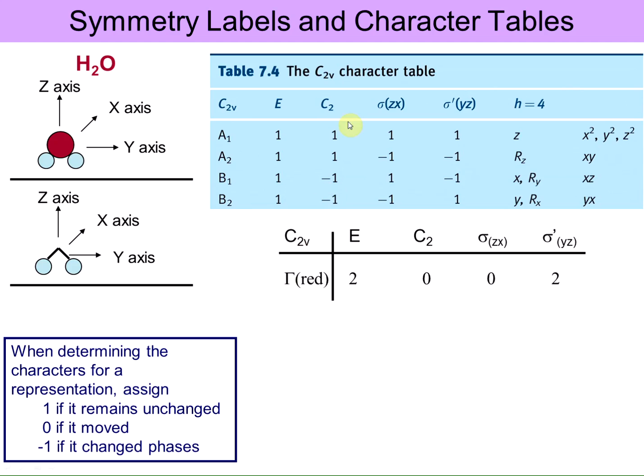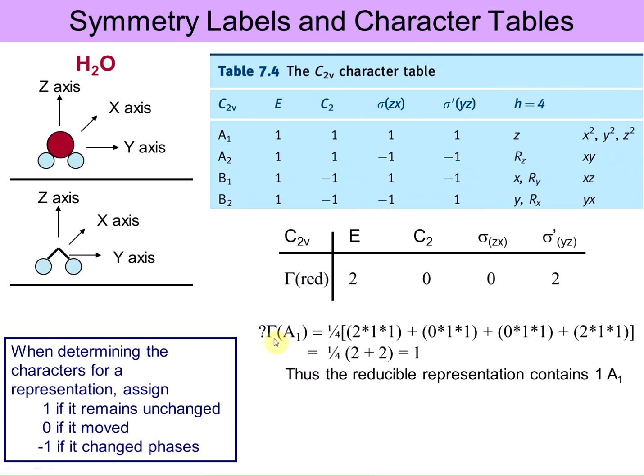So that was nice. I could do that by inspection. But if I couldn't just easily look at it to see which ones are contained, I can still factor it out. So I'm going to test to see how many A1s are contained. Remember, I take 1 over the order, so 1 over 4, and then I take the reducible representation times the irreducible character of the class that I'm looking for, the A1, and the coefficient in front of the class of the 1.